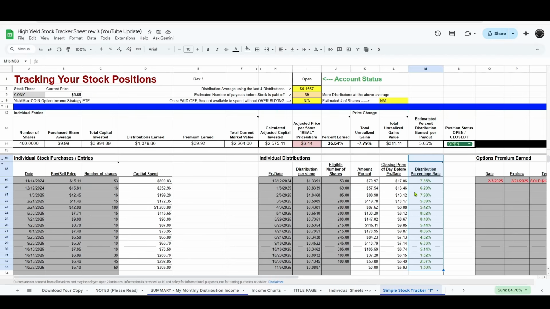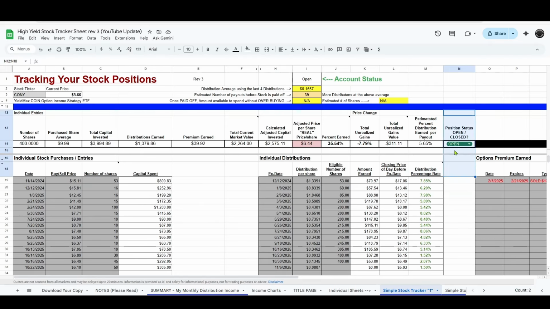And the price that it's using, of course, is the day before the X date, because that is the price before the distribution comes out. So that is basically that percentage of the price amount that you did earn in distributions. And this here is just an average of these numbers through here. Okay, so that's just an average payout per distribution, the percentage of that.